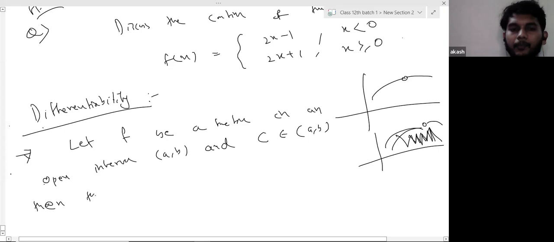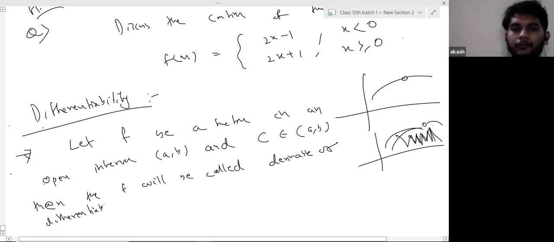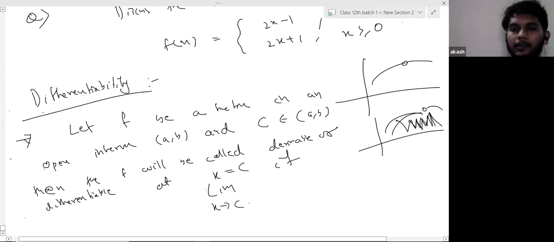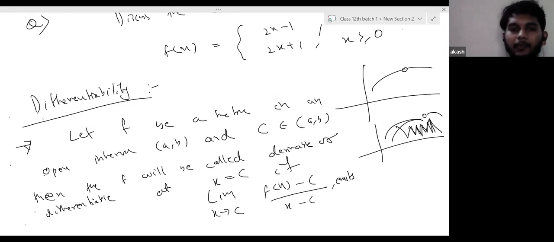Then f will be called derivable or differentiable at x equals to c if limit x extending to c of f(x) minus f(c) upon x minus c exists. Write this down. I'll explain what this means.